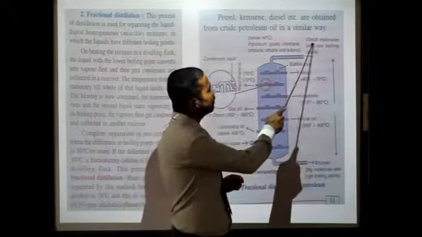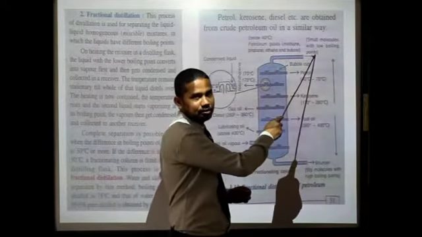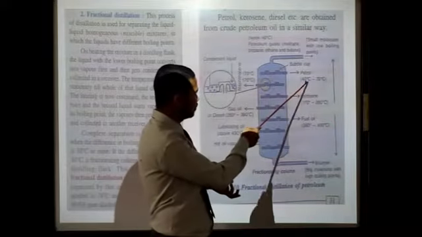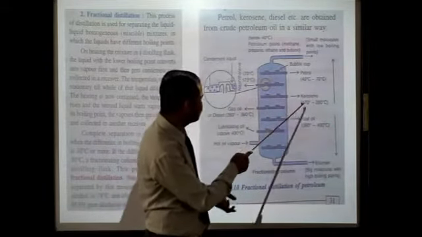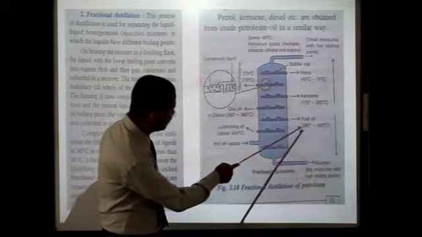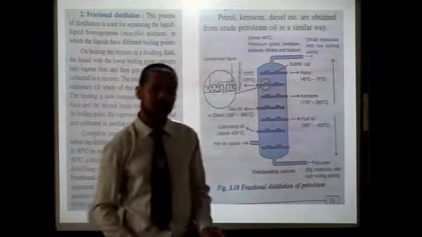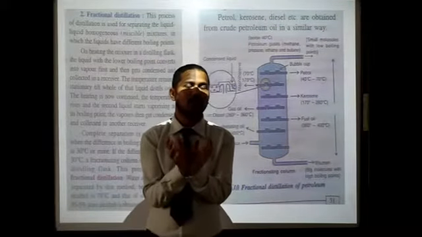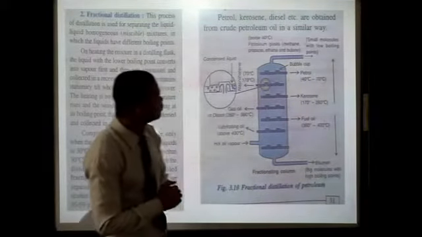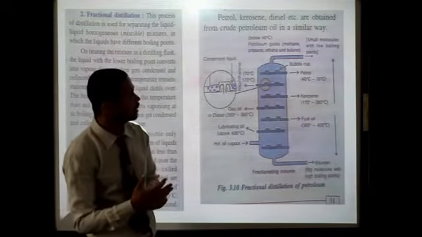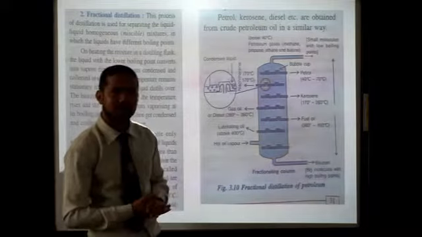All these are small molecules with low boiling points. These will be separated first, then petrol, then naphtha, then kerosene, then gas oil, then fuel oil, then lubricating oil, then hot oil vapor, then bitumen. So this is the way components of crude petroleum oil are separated. So first to get separated is petroleum gases.